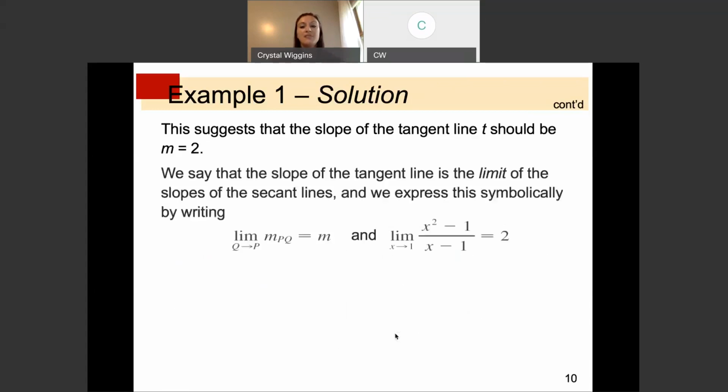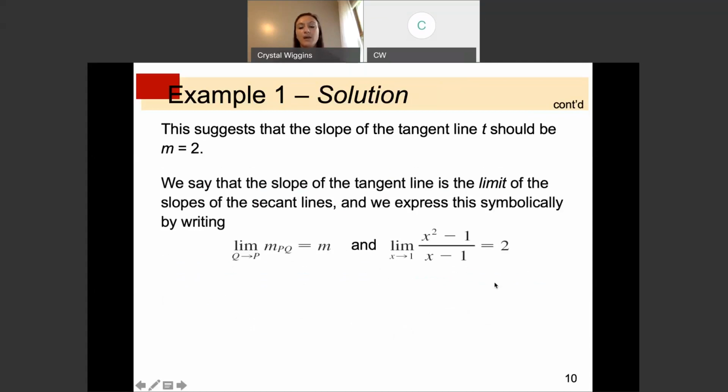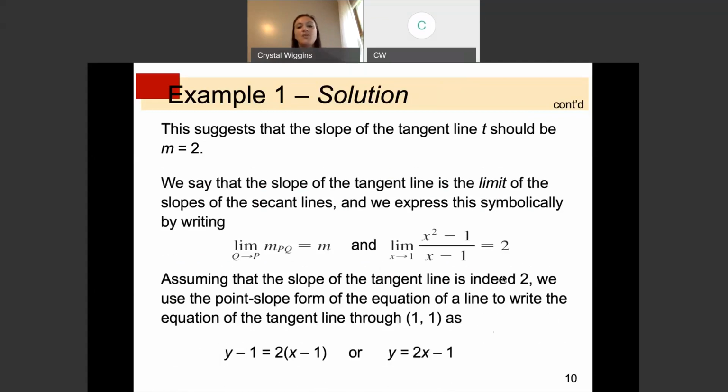Okay, so using that information, we say, if we know our slope is 2 and that line is going through the point 1, 1, then we can use what's called point slope form, which is y minus y1 is equal to m, the slope, times x minus x1. So notice this is the y1 and the x1 point, 1, 1, that we're interested in making a tangent line.